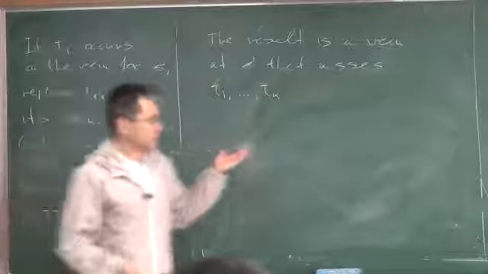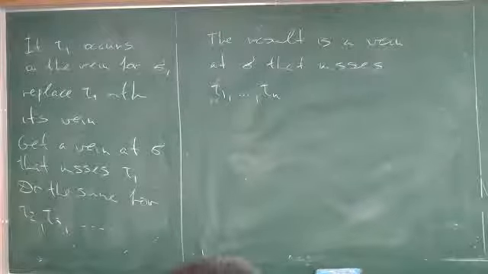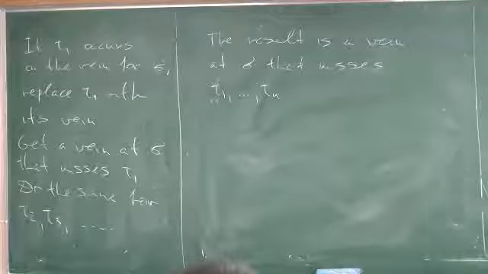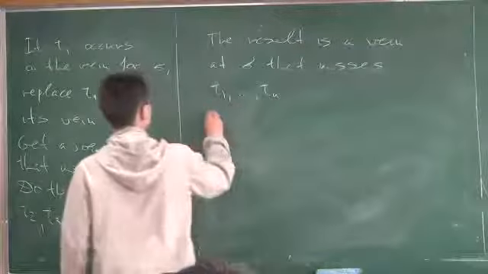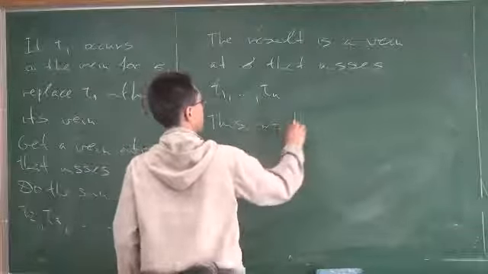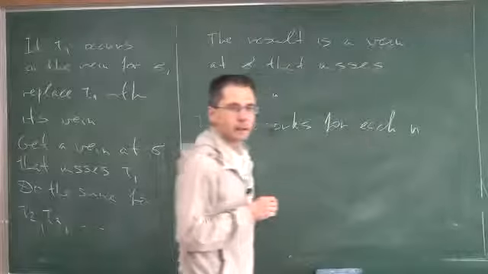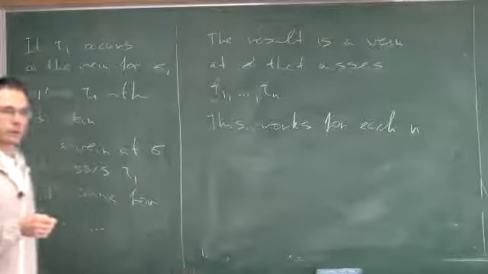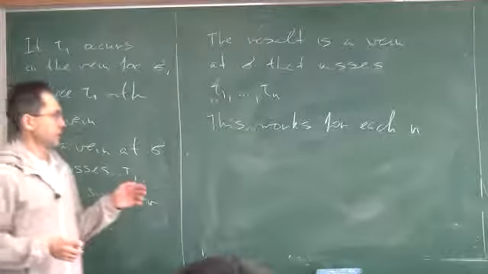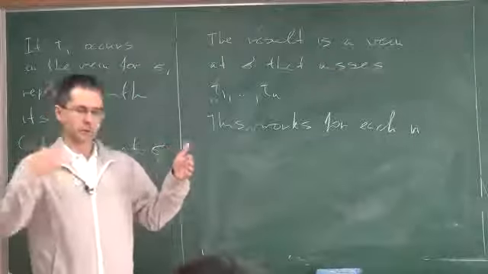And that means it misses sigma 1 up to sigma n. That's the same set. We just did it in a different order. This works for each n. So for each n, there exists a vein at sigma which misses all the edges from sigma 1 to sigma n.